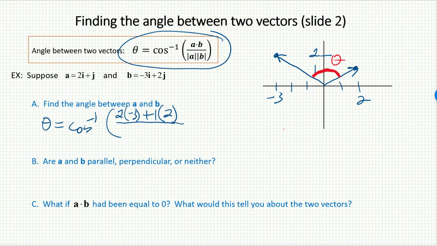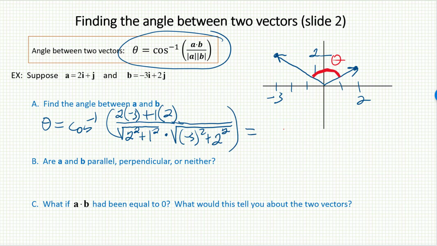There's the dot product. For the bottom, I am going to have to do these magnitudes. Magnitude of A is the square root of the horizontal component squared plus the vertical component squared, and then I'll do it again for vector B, squaring the negative 3 and the 2.